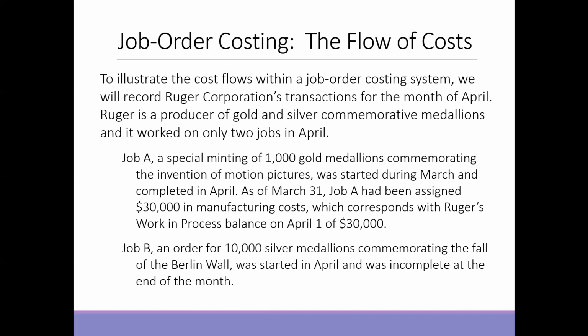Job B, an order for 10,000 silver medallions commemorating the fall of the Berlin Wall, was started in April and was incomplete at the end of the month.